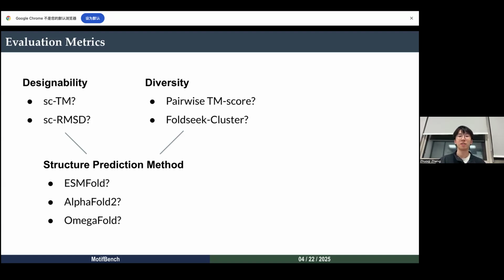And when calculating the diversity, which aims to measure the differences between the generated scaffolds, we can measure them by the pairwise TM score and also Foldseek cluster.